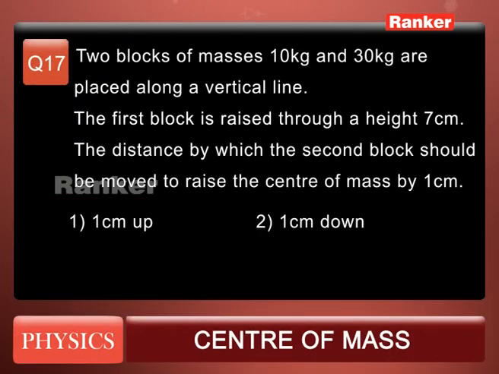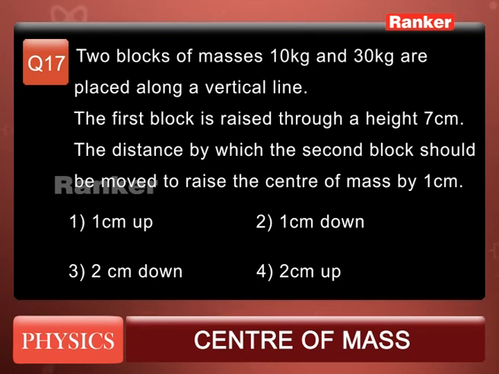In question number 17, two blocks of masses 10 kg and 30 kg are placed along a vertical line. The first block is raised through a height of 7 centimeter, and the distance by which the second block should be moved to raise the center of mass by 1 centimeter.